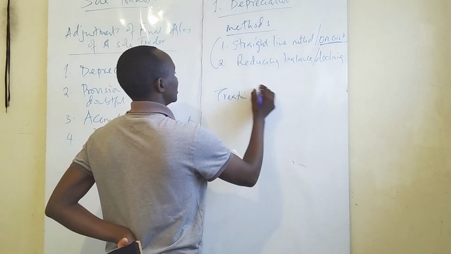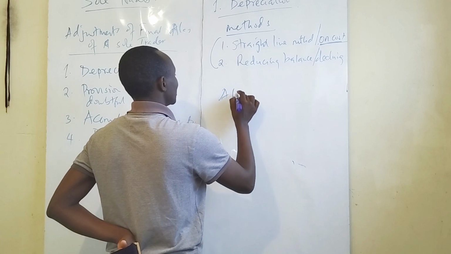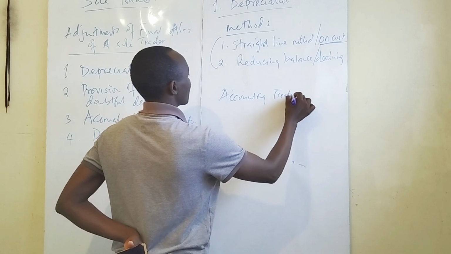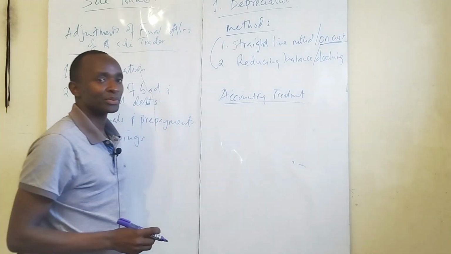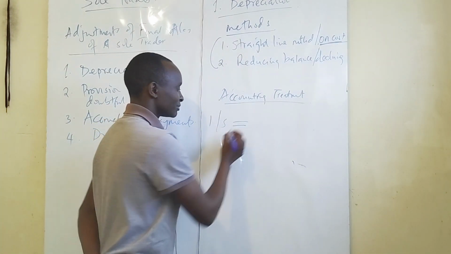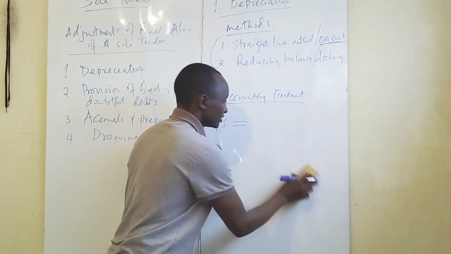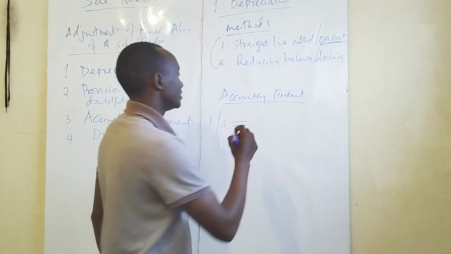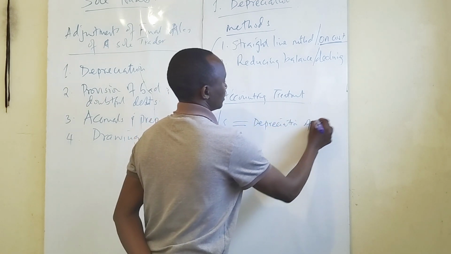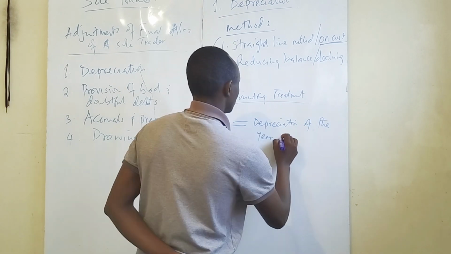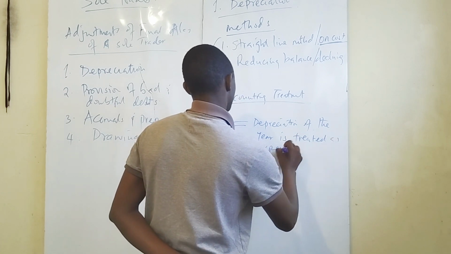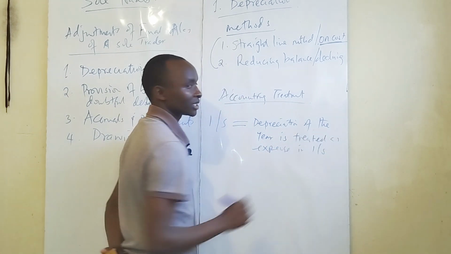Treatment, that is the accounting treatment for depreciation. This is what you do. In the income statement, you take the full figure of the depreciation of that year and treat it as an expense in the income statement.